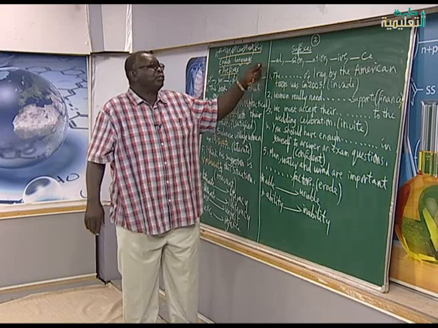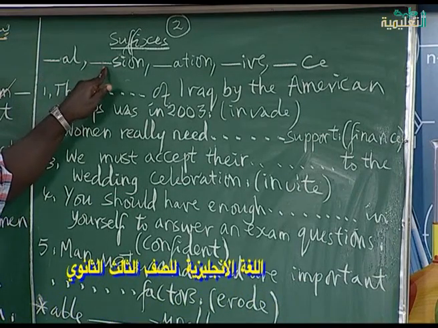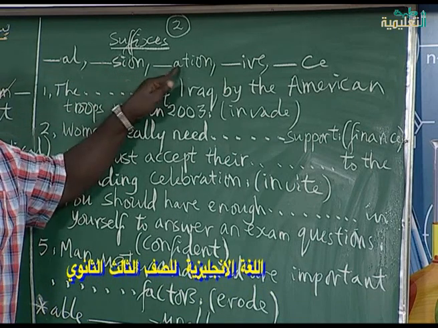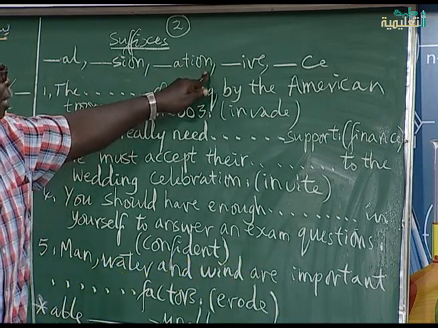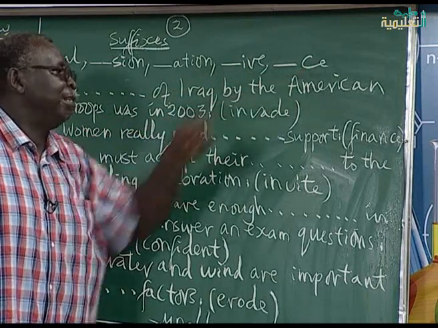Now let us go to the exercise that we have here. We have the suffix al, sion, ation, ive, and then the last suffix that we have here is ce.